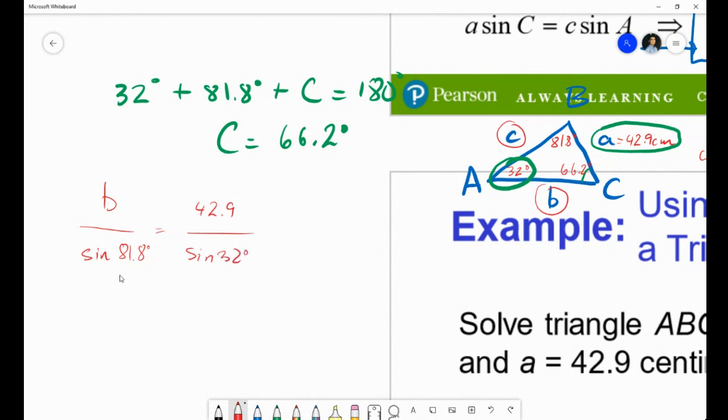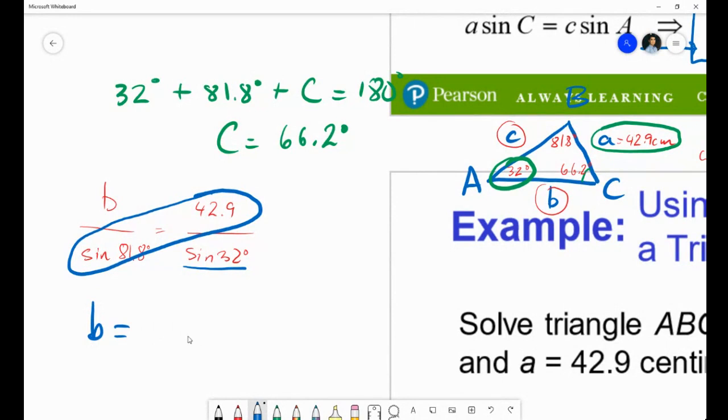So in order to solve a proportion problem like this, we multiply these two, and then we're going to divide by this. So B is equal to 42.9 sine of 81.8 divided by sine of 32.